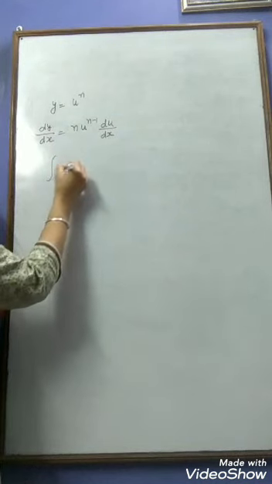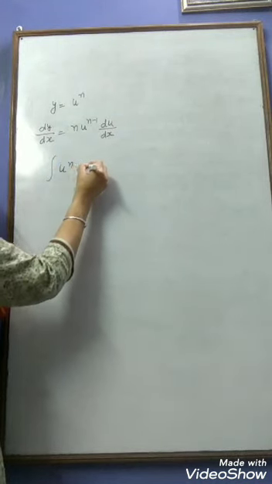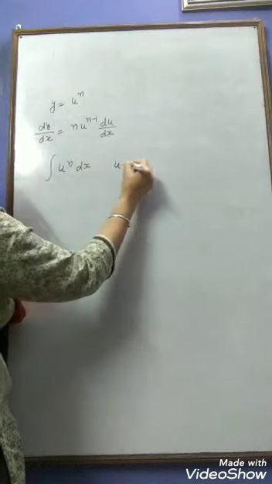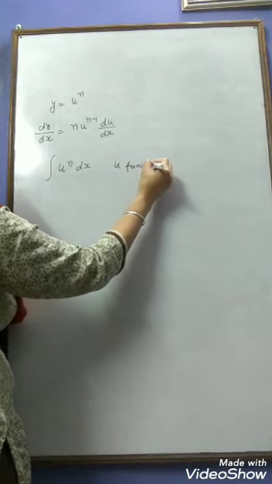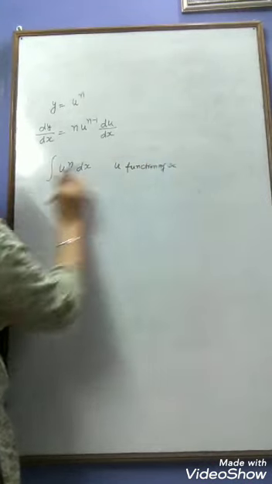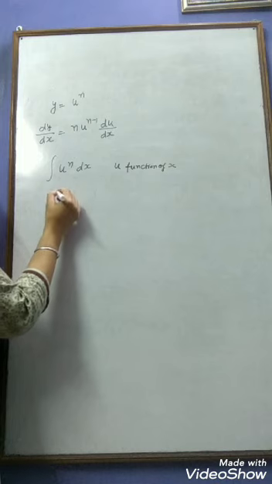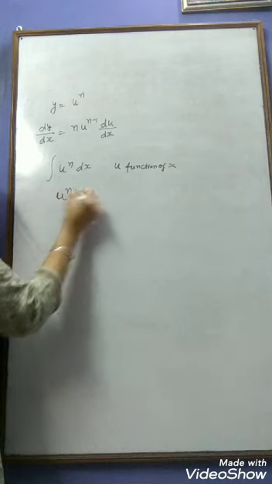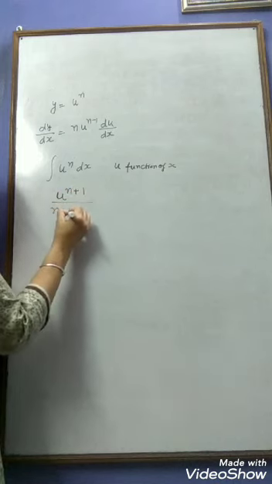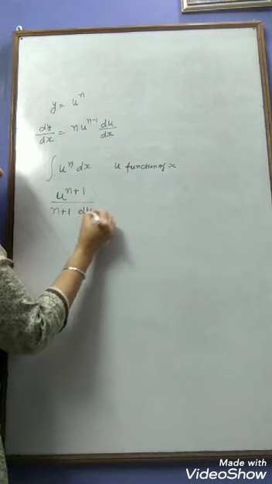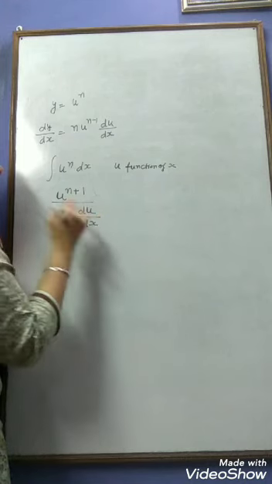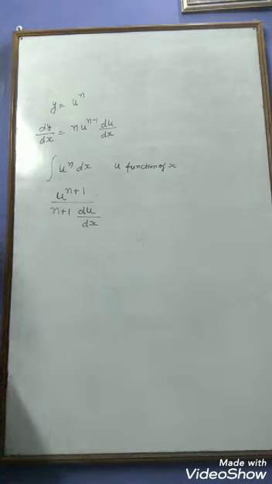Again, if we have u^n dx and u is a function of x, then how do we integrate it? This is u^(n+1) over n+1, but take its derivative in the denominator. This is the rule.